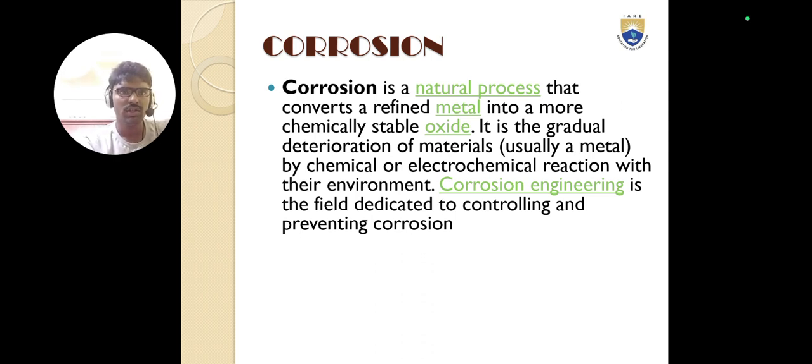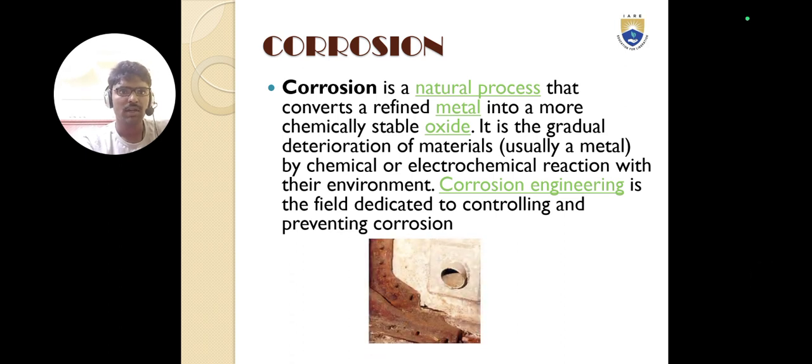Corrosion is a natural process that converts a refined metal into a more chemically stable oxide. It is a gradual deterioration of metals by a chemical or electrochemical reaction with their environment. Corrosion engineering is a field dedicated to controlling and preventing corrosion.